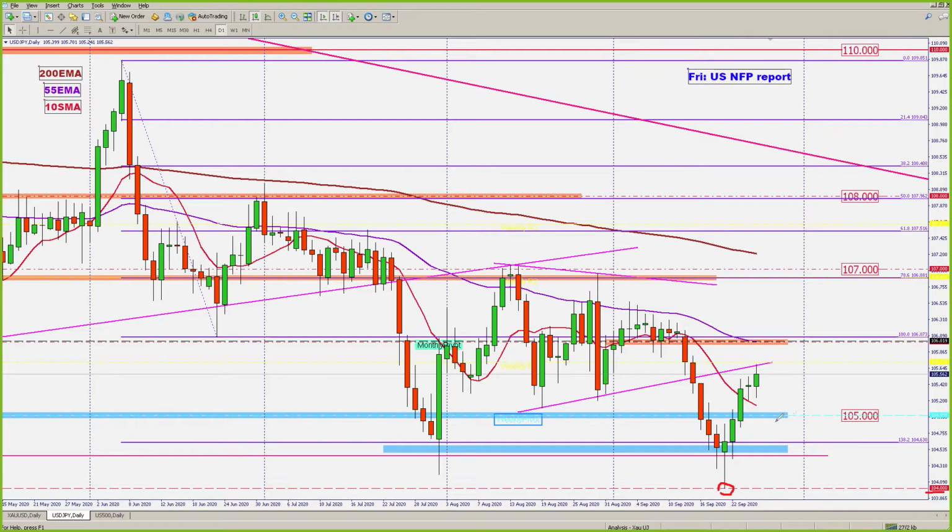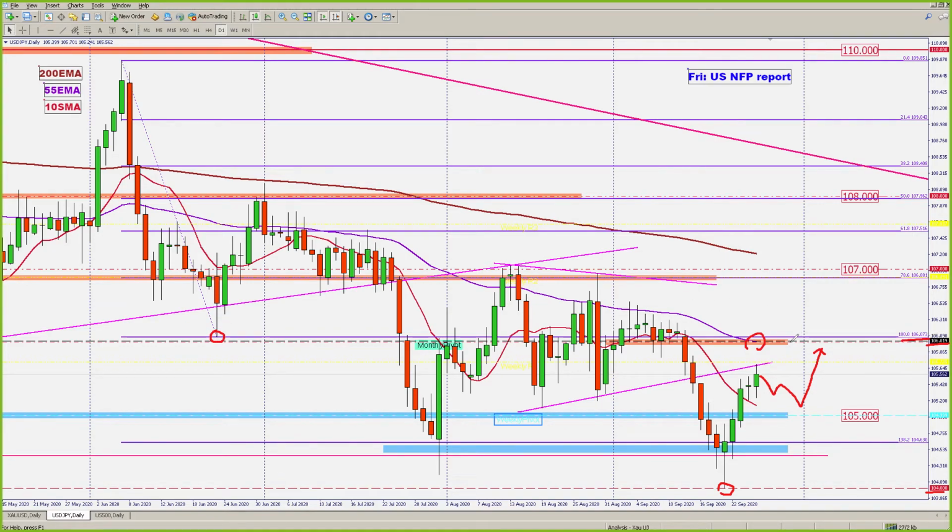So now it's finding strong support here. There could be some consolidation, and it needs to try to recover up higher, back up to 106. That's where the 55 EMA is as well, and its previous swing low at the 100 pip.